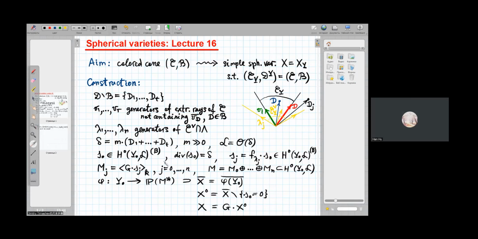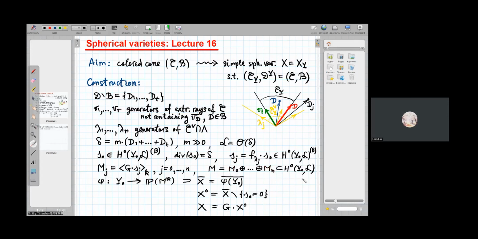Next, we generate a simple G submodule in the space of sections by each of these Sj's. These Sj's are just highest weight vectors in this submodule Mj. And we take the sum of all these simple submodules.